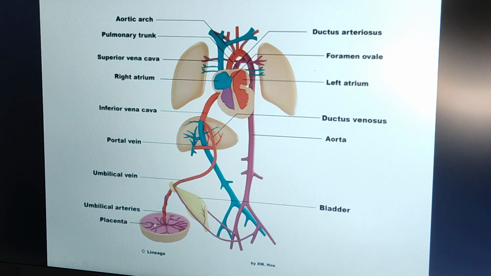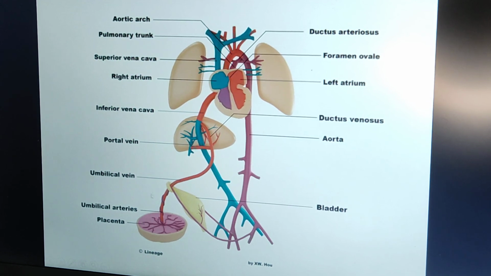This is the placenta, and this is the umbilical cord. This umbilical cord has two arteries and one umbilical vein. First, you can see in these pictures the inferior vena cava, the right atrium, the left atrium, the right ventricle and left ventricle, the aorta with the ascending and descending aorta, the bladder, and the superior vena cava.